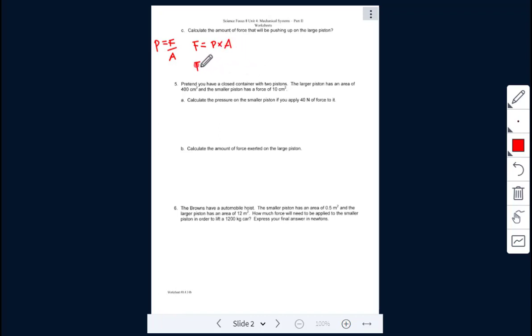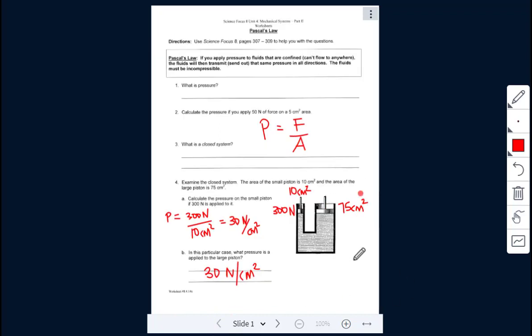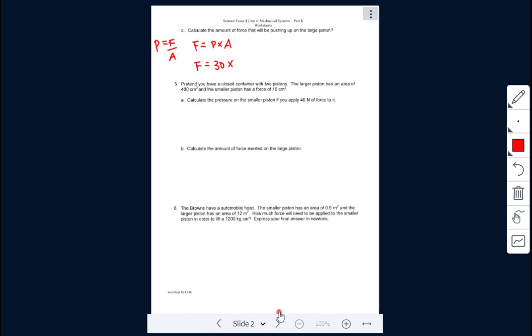Force will be equal to a pressure of 30 newtons per centimeter squared, multiplied by the area, which, if we go back to our diagram, is 75 centimeters squared. So 30 times 75, we'll put that into our calculator. 30 times 75, 2,250 newtons.